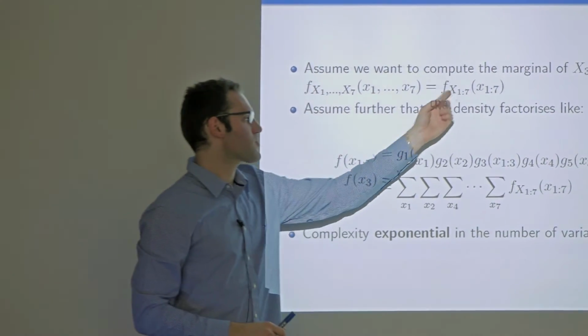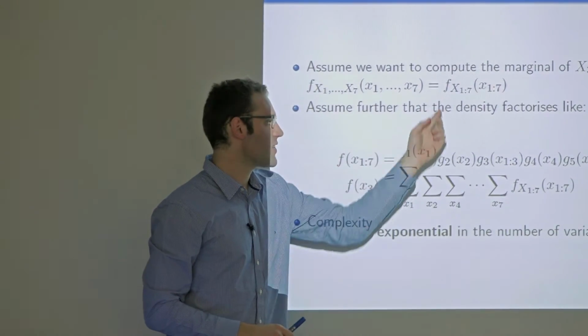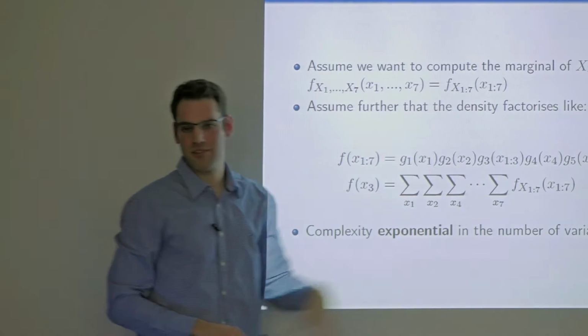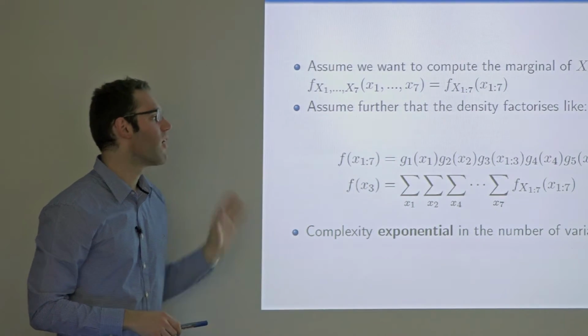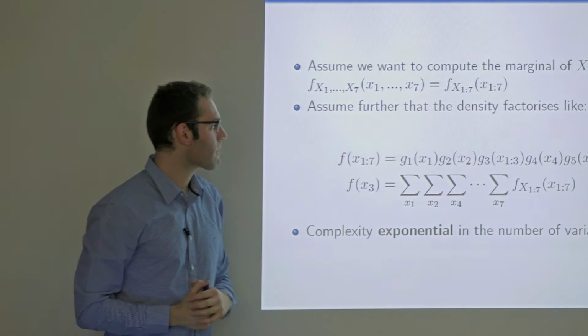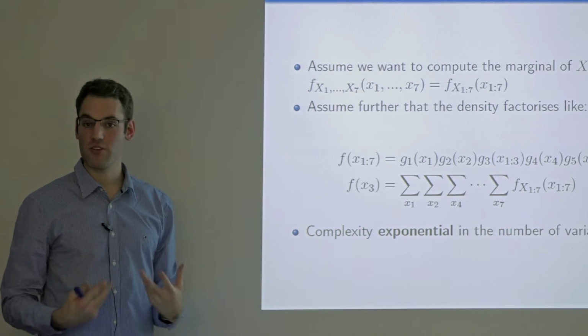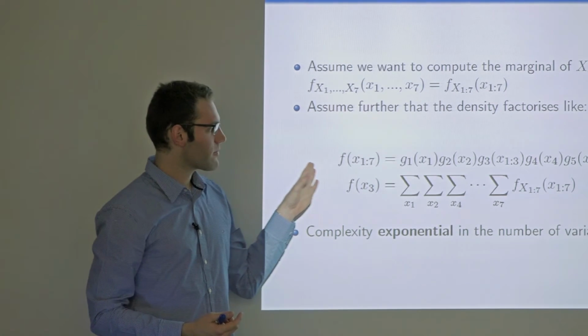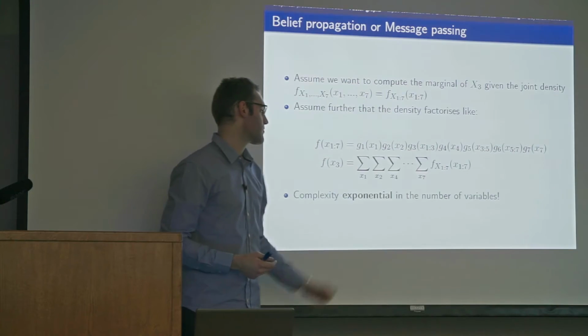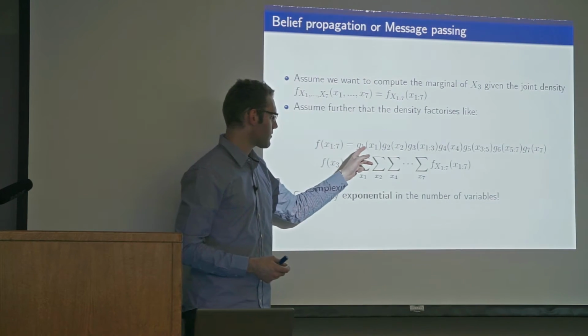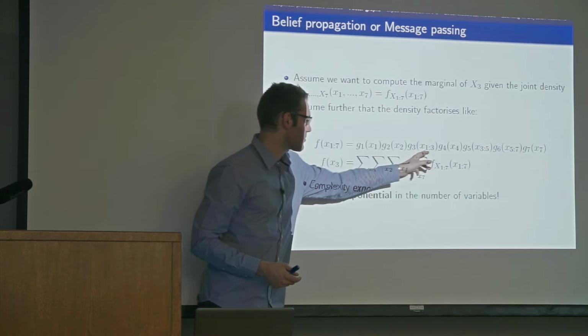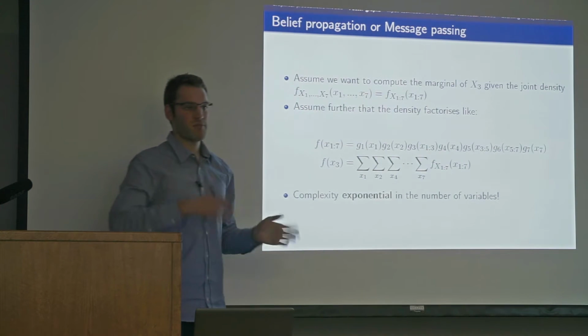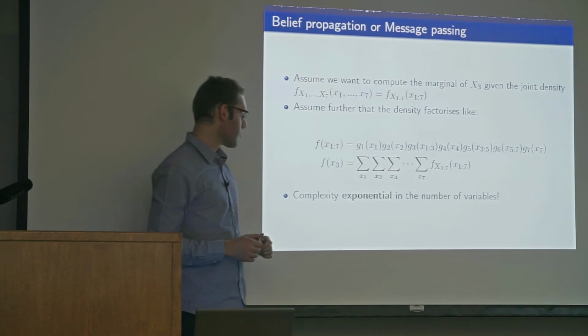I used the shorthand notation because there's no space on the slide. So 1 double dot 7 is MATLAB notation, meaning all the random variables. We further assume there's some structure in the model, and that it factorizes like this. We have 7 factors: x1 is alone, x2 is alone, but here there's g3 which depends on x1, x2, x3, and so forth.